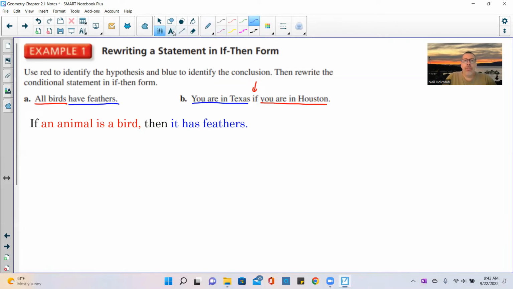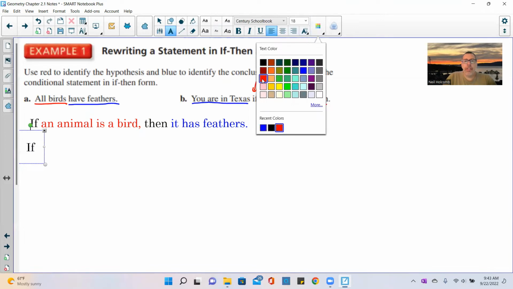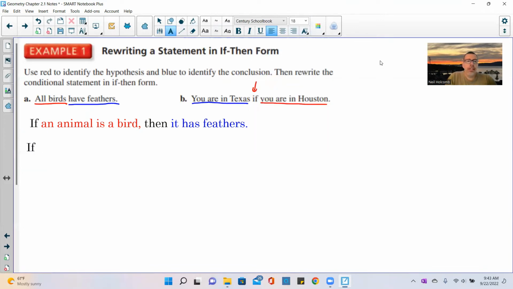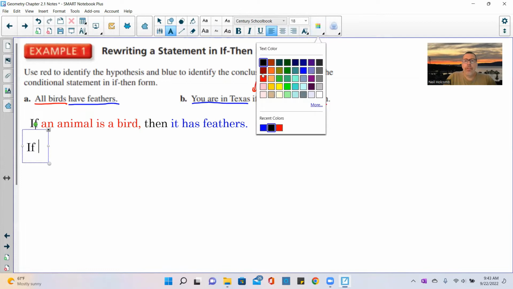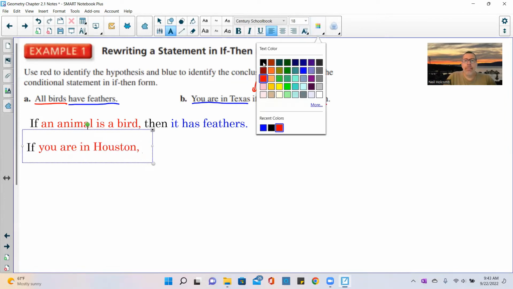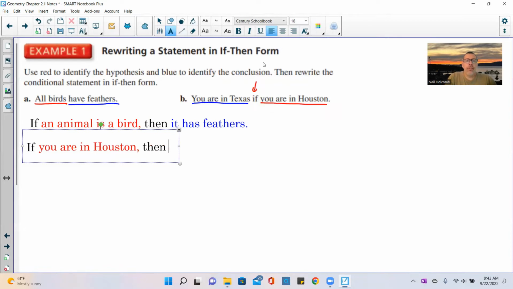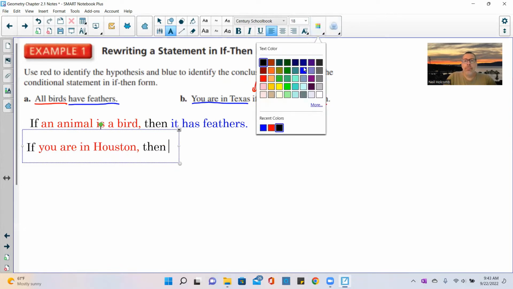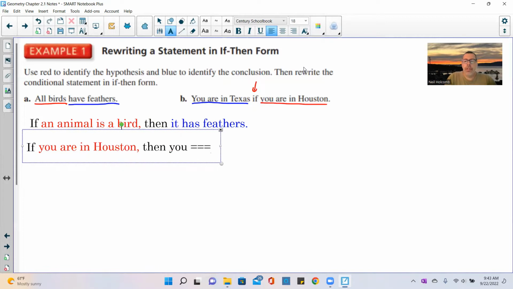So in doing this, I will switch back to this. And I would say if, then switch to red for my hypothesis. If you are in Houston, comma space, switch to black, then switch to blue.